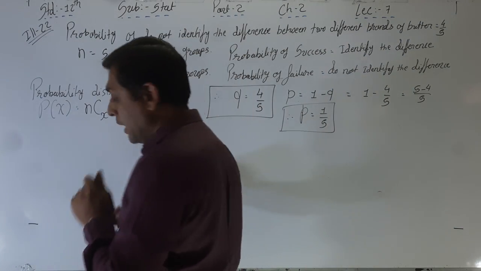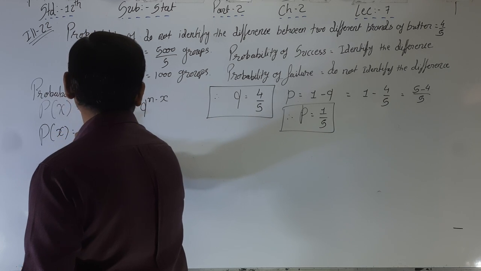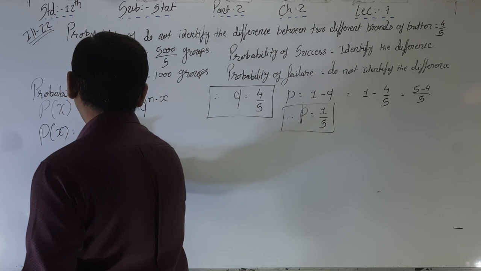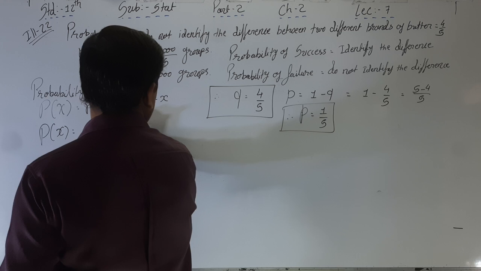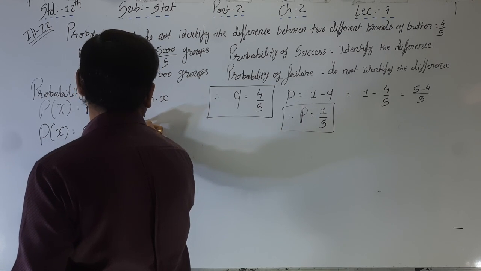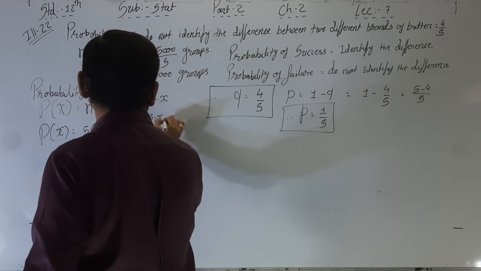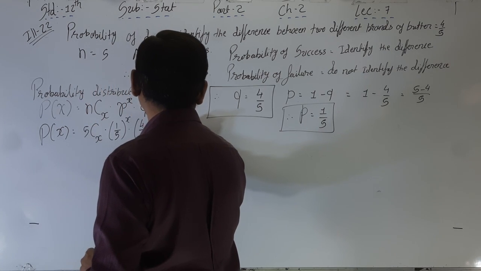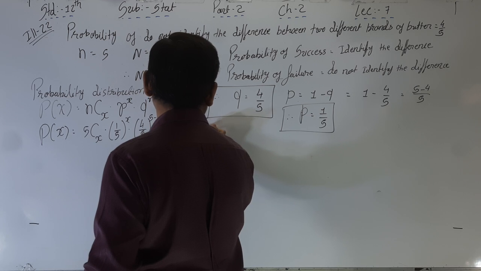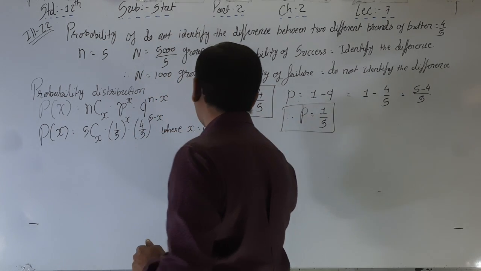So I am writing here P of X is equal to 5CX into p, that is 1/5 raised to X, into q, that is 4/5 raised to 5 minus X, where X is equal to 0, 1, 2, 3, 4 and 5.